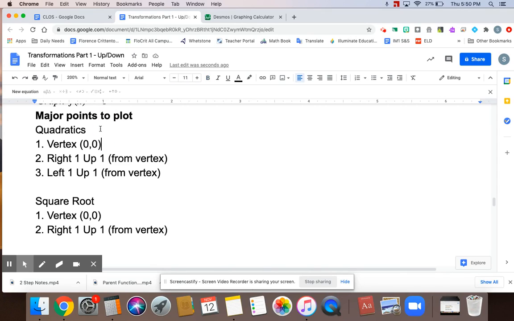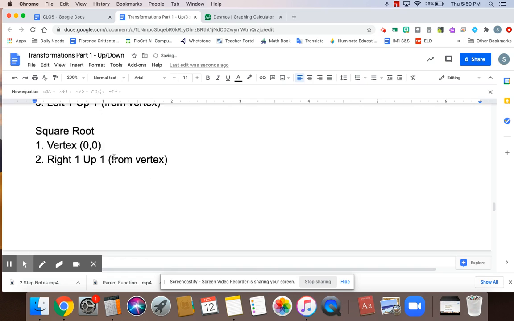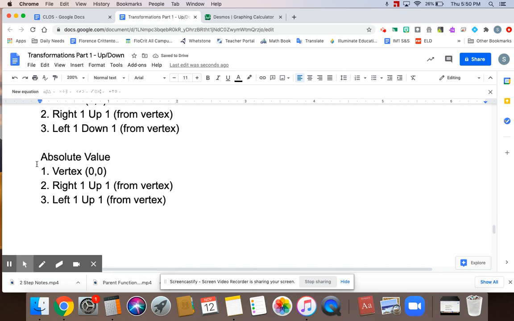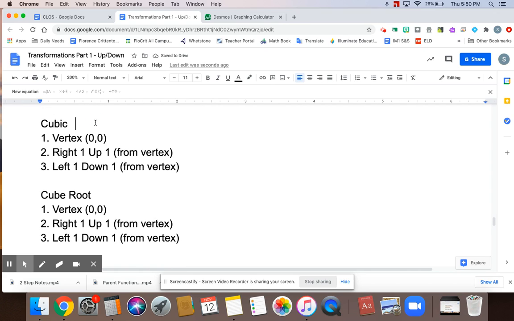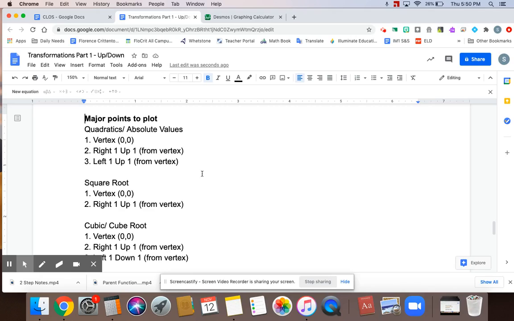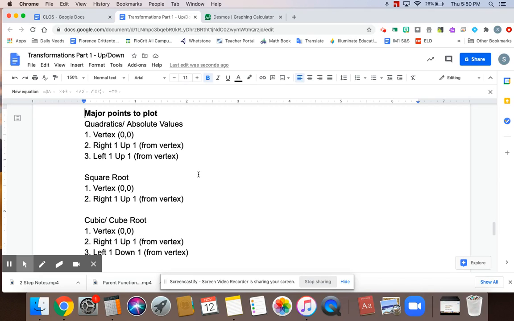Instead, it's going to be quadratics slash absolute values that have these 3 points instead of listing it again down here. And in the same way, cubic and cube root have the same 3 points, so there's no need to list it twice. So those are the major points to plot whenever you're graphing any of the 5.